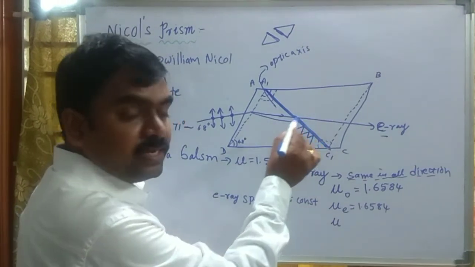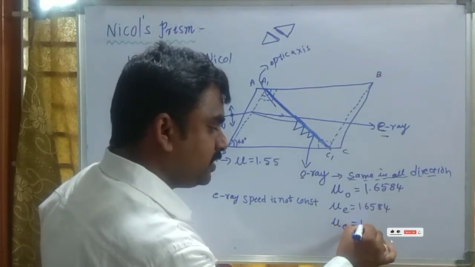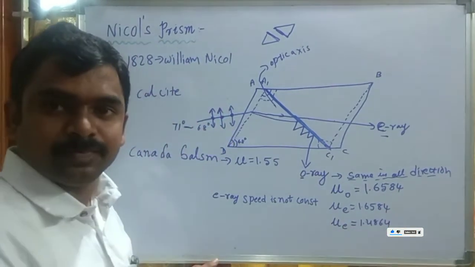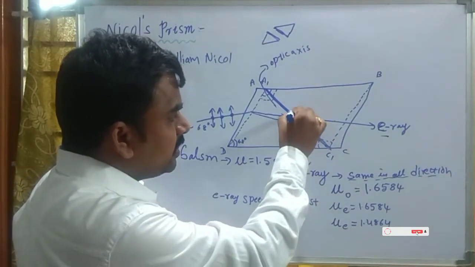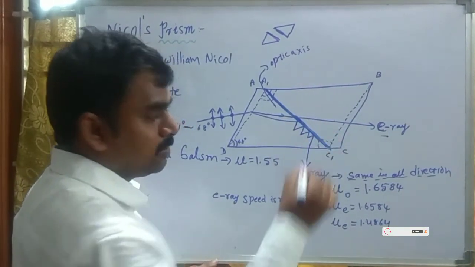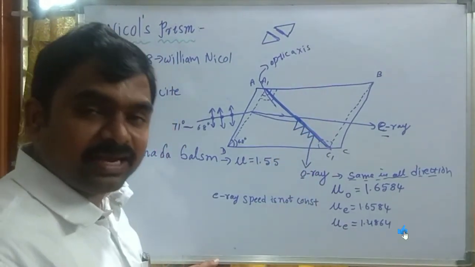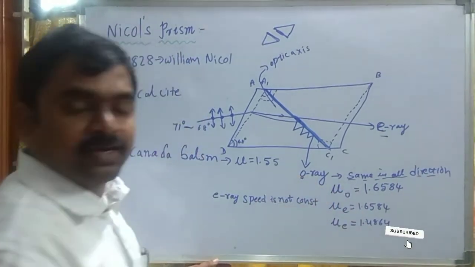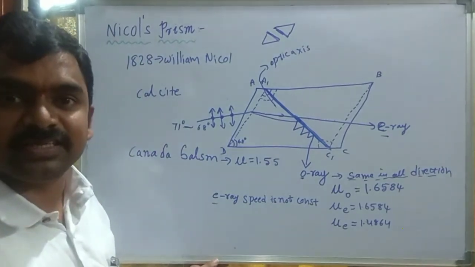When both are perpendicular, we observe the maximum change, that is 1.4864. Here this Canada balsam cement acts like a rarer medium for the ordinary ray and a denser medium for the extraordinary ray.